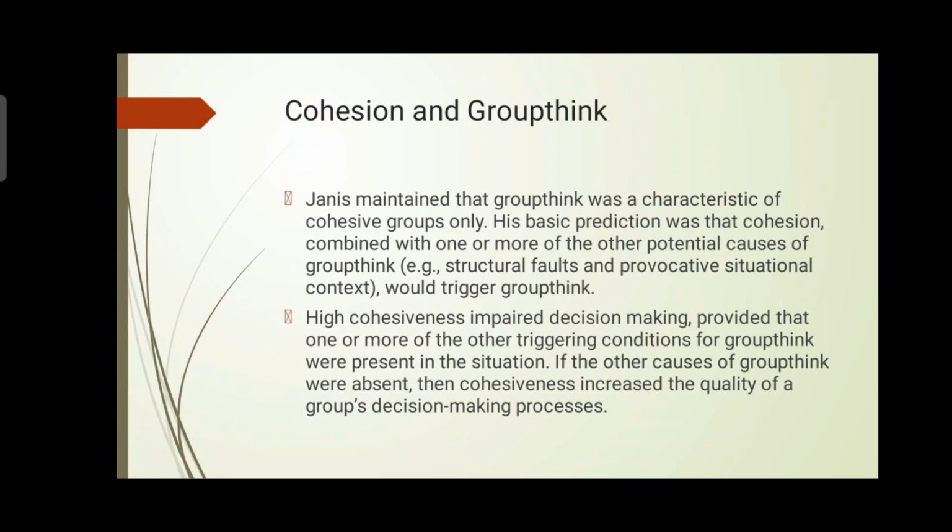A meta-analytic review of the results of 7 studies involving more than 1,300 participants provided support for these predictions. High cohesiveness impaired decision-making provided that one or more of the other triggering conditions for groupthink were present in the situation. If the other causes of groupthink were absent, cohesiveness improved the quality of the group's decision-making processes.